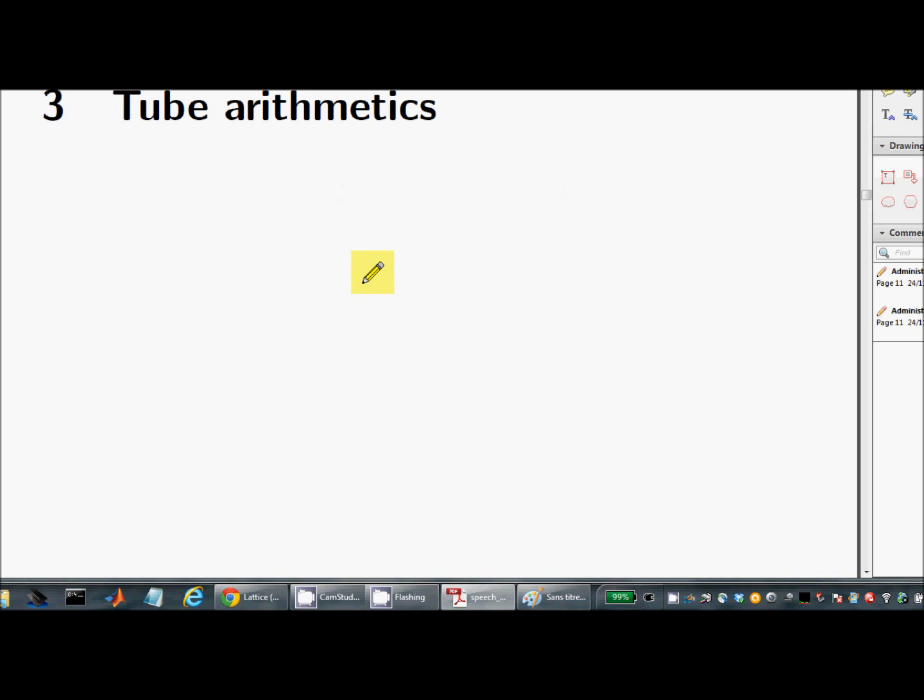I will be able to define contractors thanks to tube arithmetic. So what is tube arithmetic?